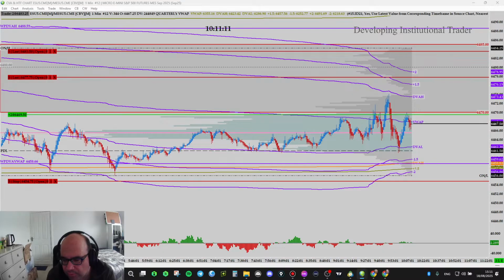Buyers have broken the minus 2.5K on the delta, but they're all getting absorbed so far.